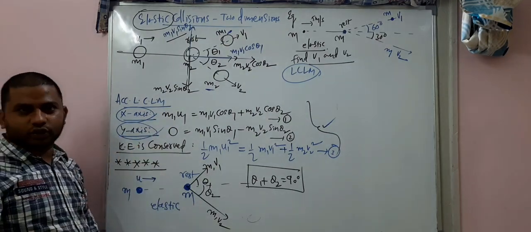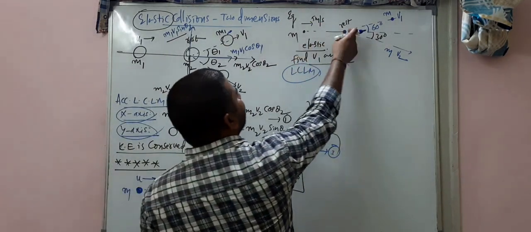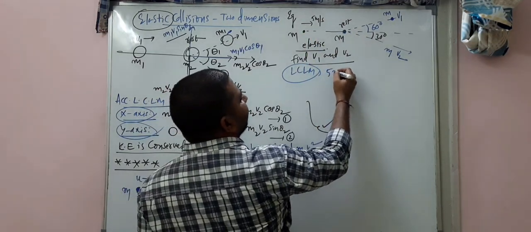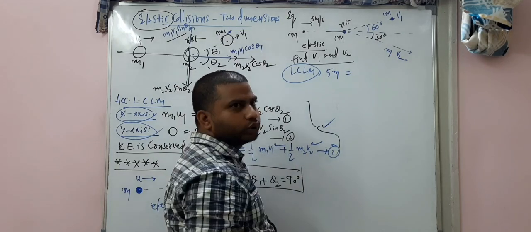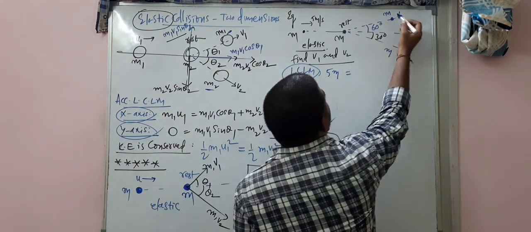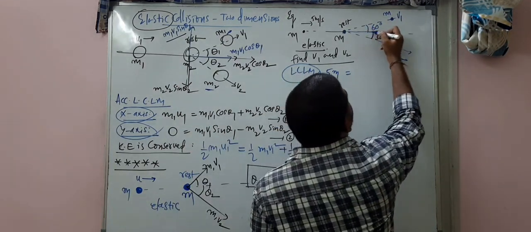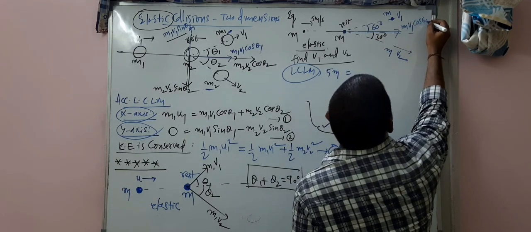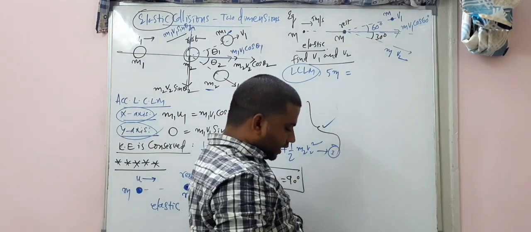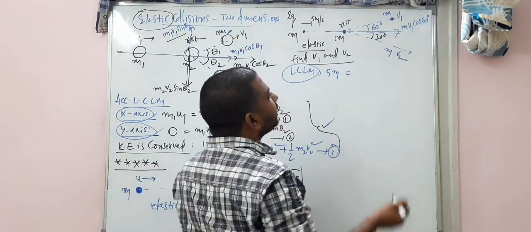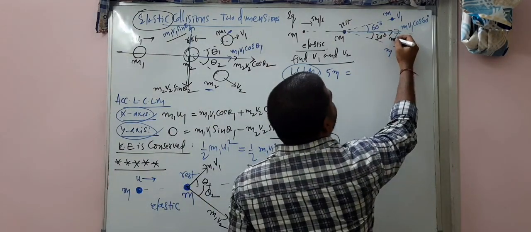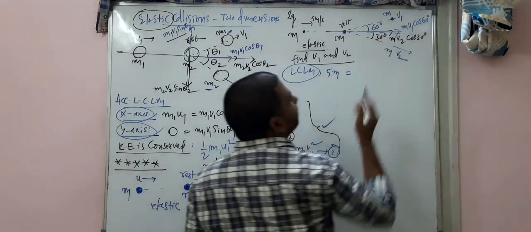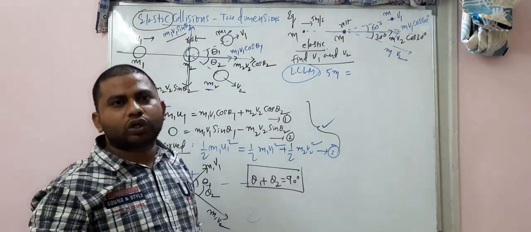Along the x axis, m is moving with 5 meter per second, so 5m is equal to mv1 cos 60, right? And at the same time mv2 cos 30.